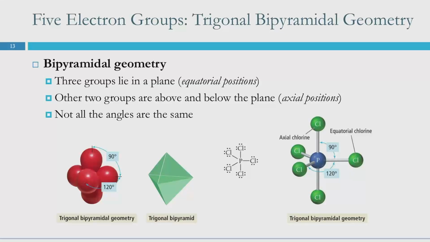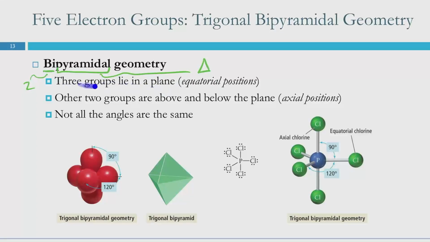So the bipyramidal part, bi meaning 2, pyramids being those things that lots of ancient civilizations made, not just the Egyptians. Right, the triangle-looking things with some sort of a base. So bipyramidal meaning that we've got 2 pyramids. We've got one pyramid that we usually view as going up and another pyramid that we view as going down.